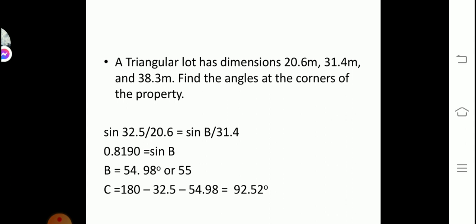So 0.8190 equals sin B. So B equals 54.98 degrees, or 55. So C equals 180 minus 32.5 minus 54.98 equals 92.52 degrees. So that's all. The answer is 92.52 degrees.